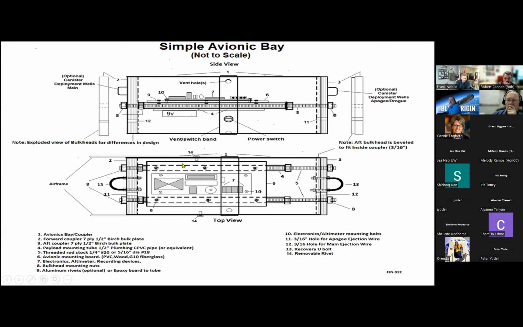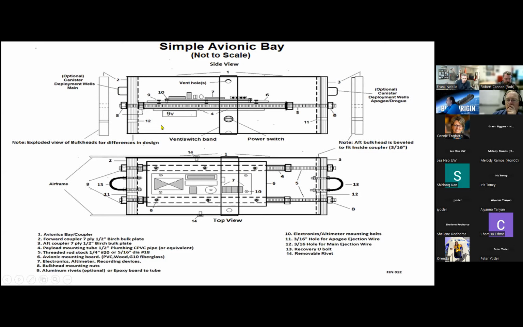This is a typical avionics bay setup. It's a little elaborate, a little detailed. As you can see, it has the all-threaded rod here. It has the bulk plates on the end. This particular model has the U-bolts on it. And of course, we have the optional deployment canisters on each end of the bulk plates, one for the drogue and one for apogee.